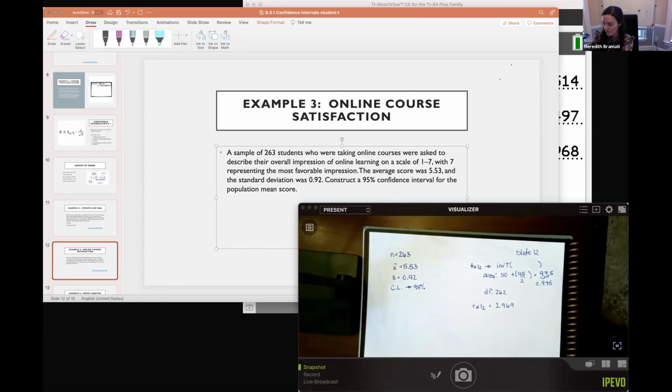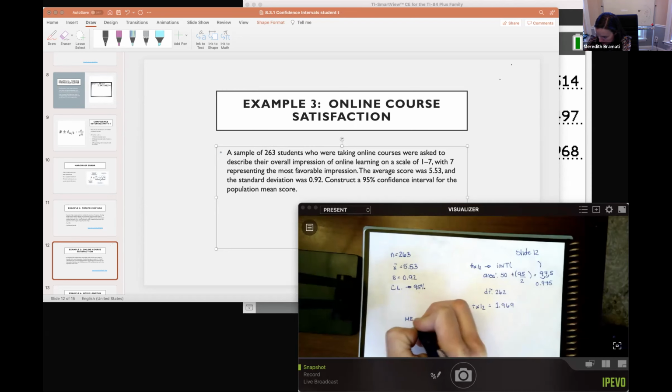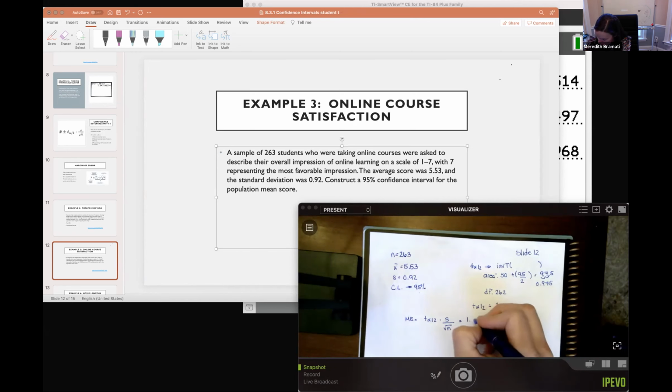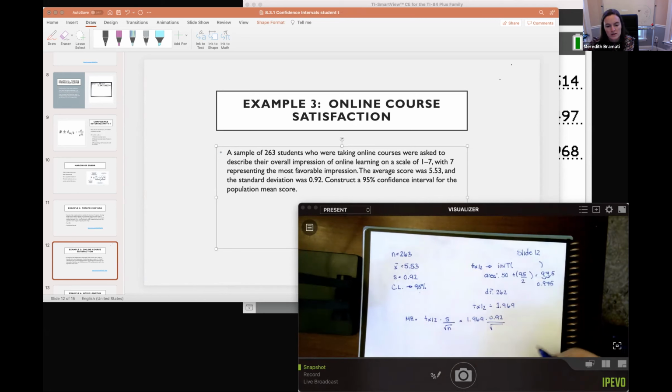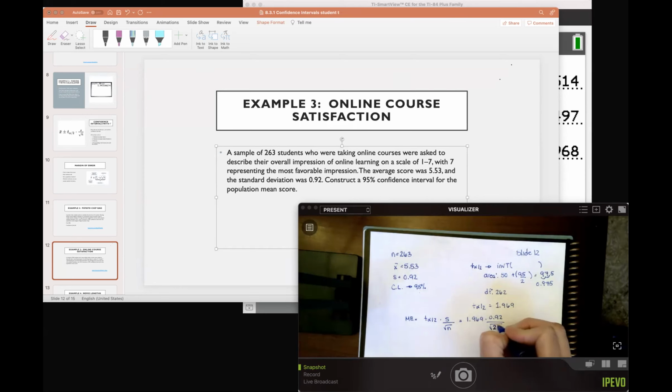Okay. Now we have margin of error equals our T alpha over 2 times our sample standard deviation over the square root of n. 1.969 times, what is our sample standard deviation? 0.92 over the square root of, what's our sample size? 263.